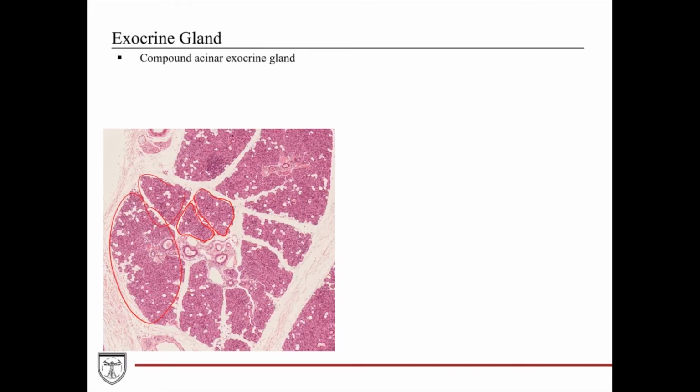So lots of lobules, which are then collectively organized into a lobe. And within the lobe and even lobules, we're seeing a potential duct or two, and these look like larger ducts in the middle.